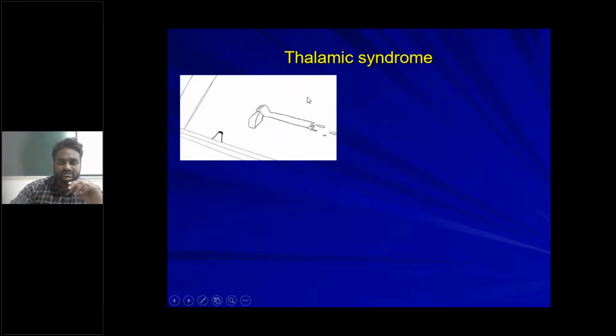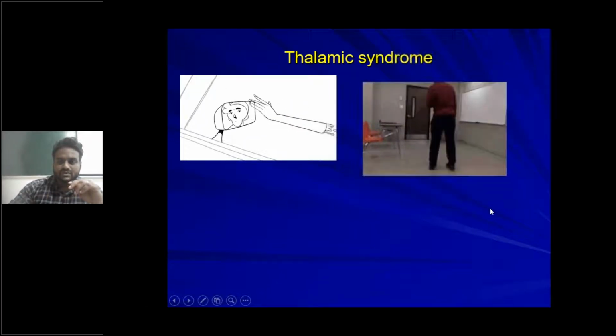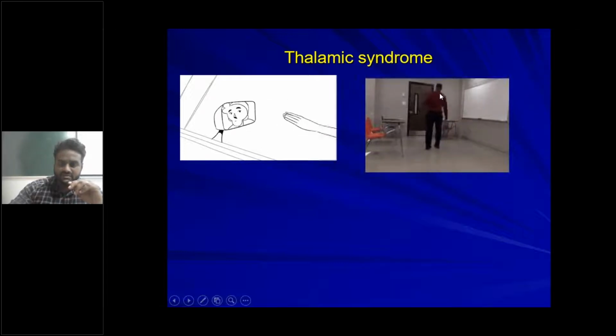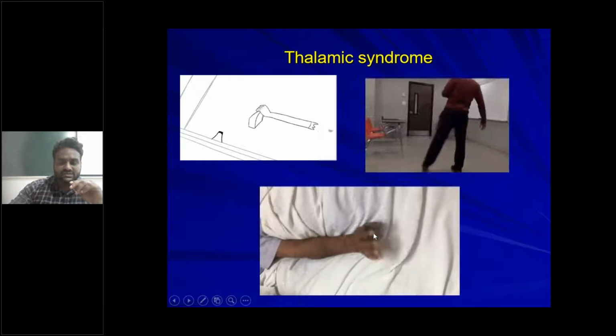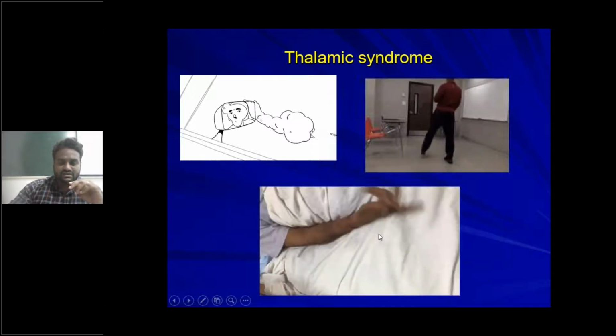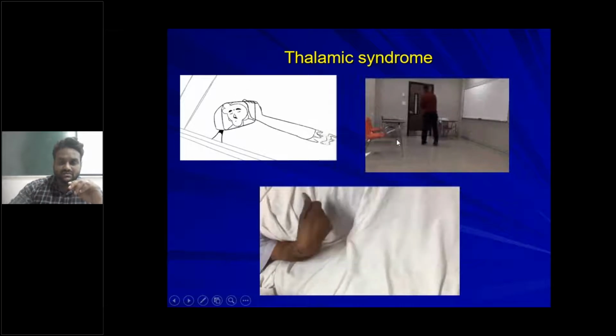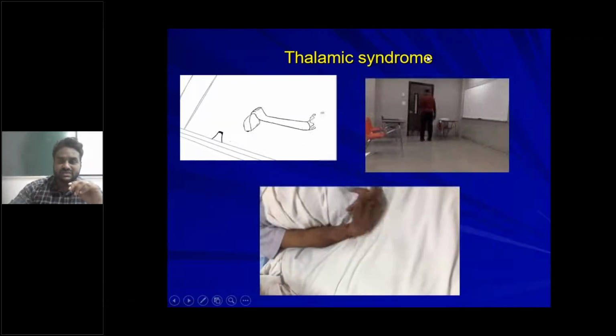Whatever you see in this picture is called thalamic phantom limb. In the second picture, the person is walking with hemiplegia. And the third picture, the lower one, is the thalamic hand. So these are some clinical signs of the thalamic syndrome.